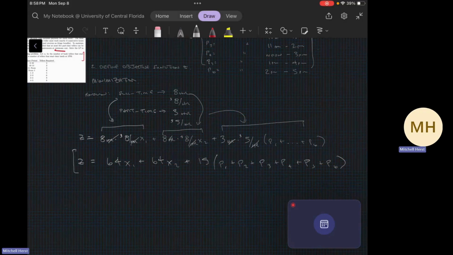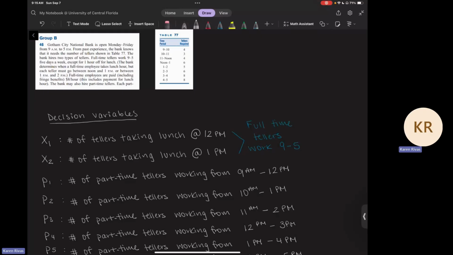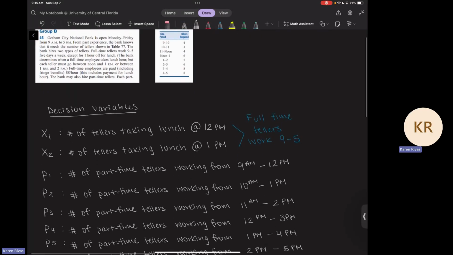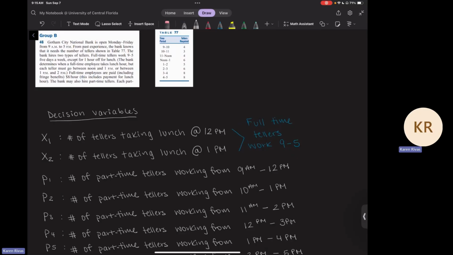Okay, so here we have our objective function Z. We're going to go ahead and establish the constraints. We're going to do this by breaking each equation up by the time period.